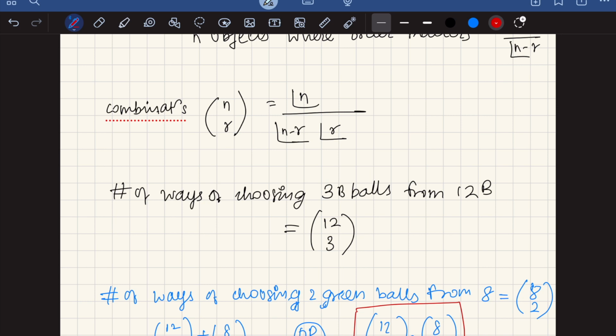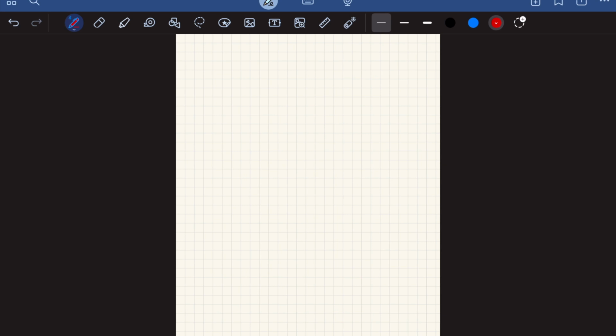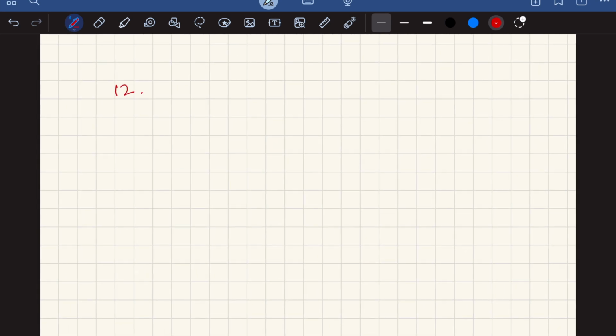you get 12 choose 3 times 8 choose 2, which, if anybody has calculated, you can also help me out. So this would be 12 into 11 into 10 divided by times.